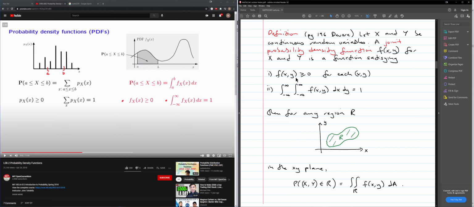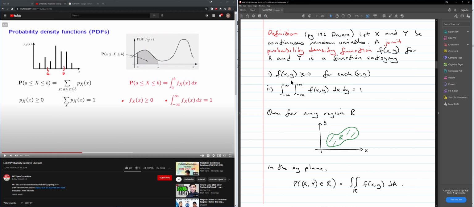Now this joint PDF has similar properties to your PDF in the single continuous random variable case. In the single continuous random variable case, your PDF lies above your x-axis, so it's bigger than or equal to 0.